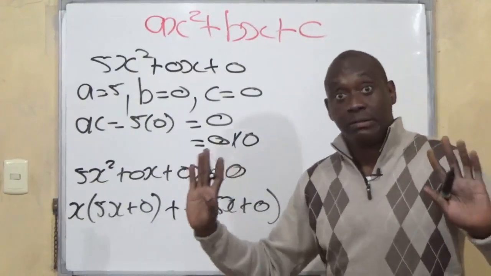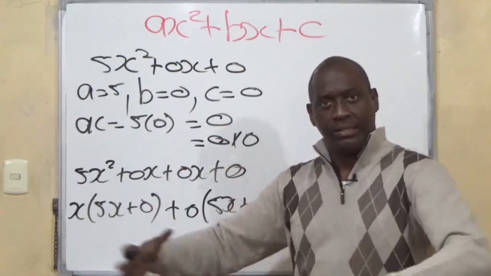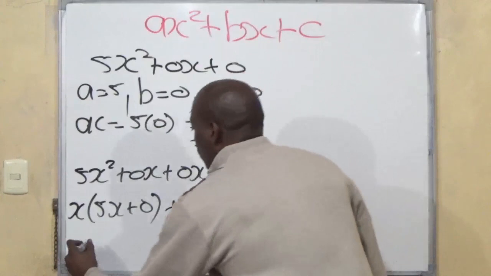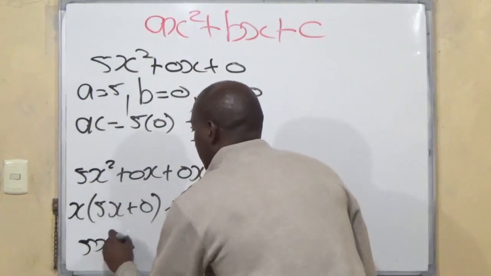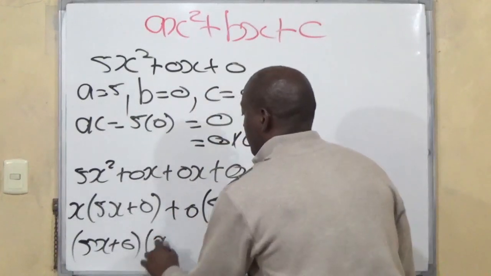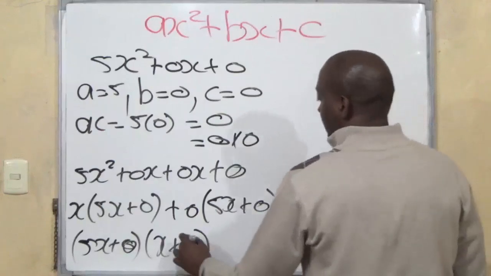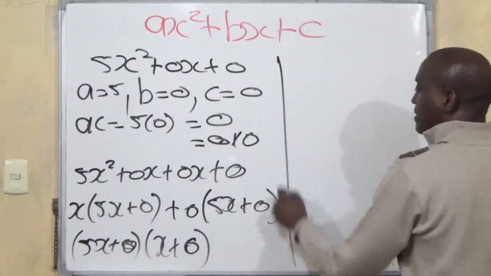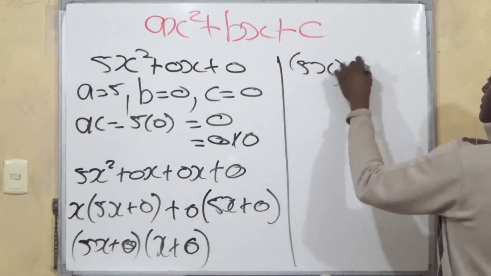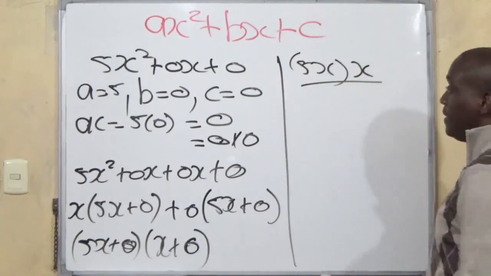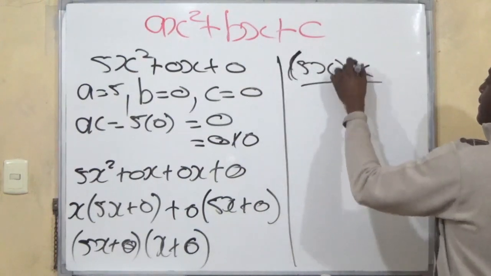Again, remember, this is not proper maths, but I'm just flowing with it, right? So 5x plus 0 is the common factor, right, into x plus 0. 5x plus 0 is 5x. And x is just x. Right? So you have 5x multiplied by x here.